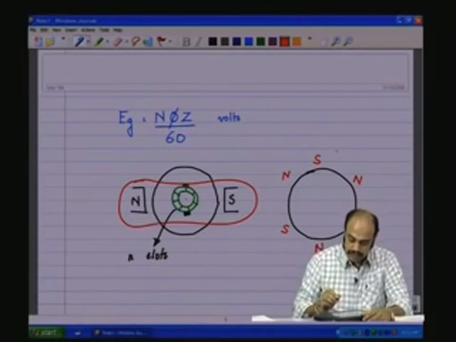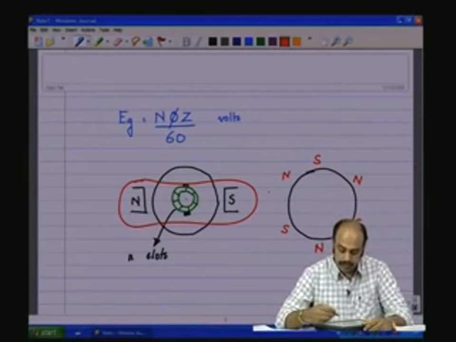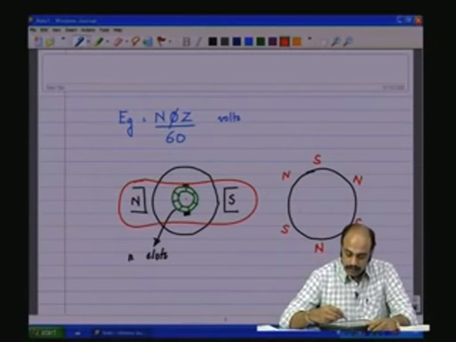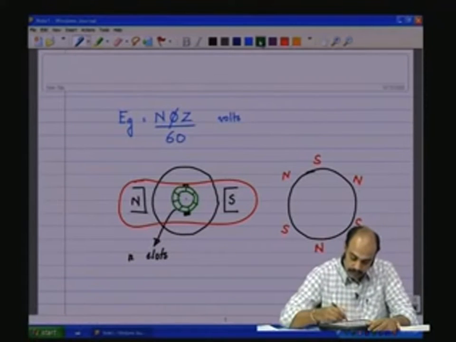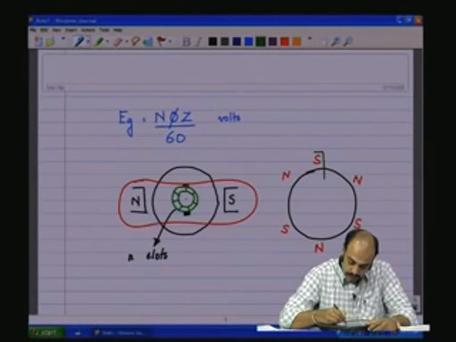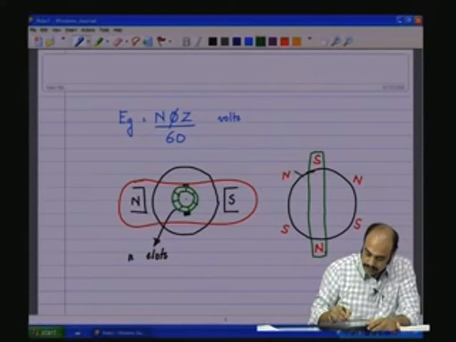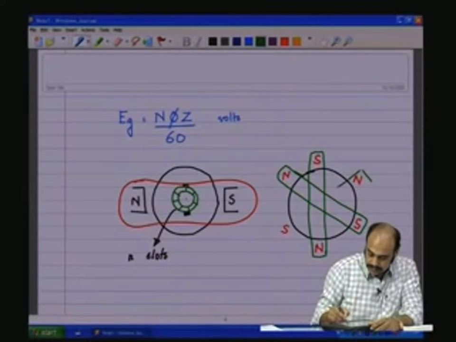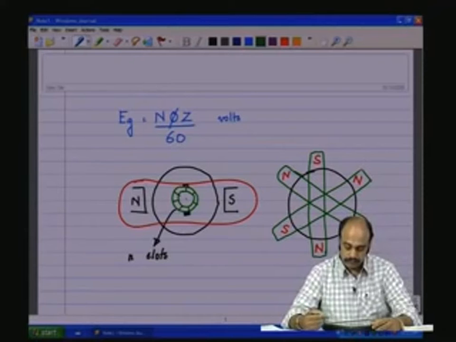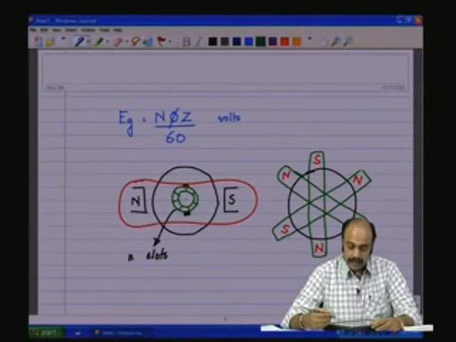Alternately, poles are placed of opposite polarity, but the pole pairs are diametrically opposite, meaning this is one set of pole pair, this is another set of pole pair, and we have another set of pole pair here. So you have three pole pairs arranged in this fashion.